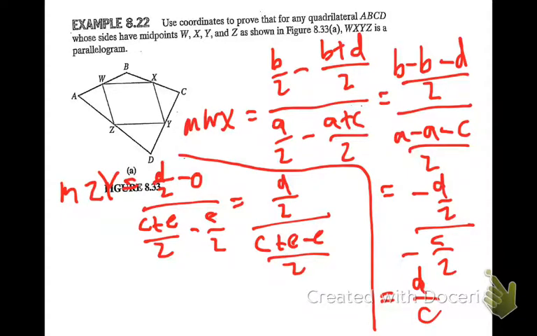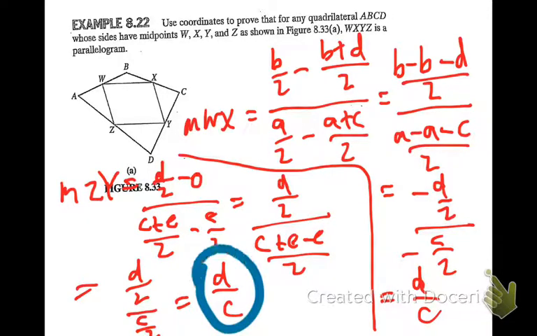And that equals D over 2 over C over 2, which is equal to D over C. So these two slopes, this slope and this slope, are the same.